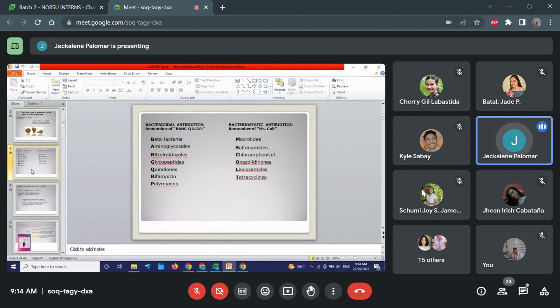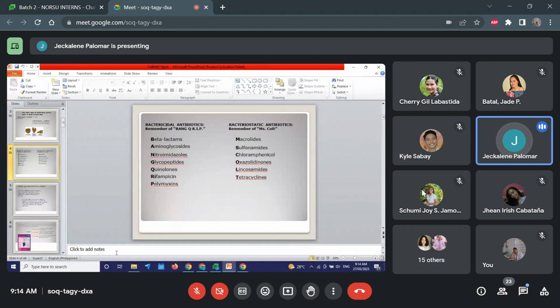So, the bactericidal mnemonic is BANG Q RIP: beta-lactams, aminoglycosides, nitroimidazoles, glycopeptides, quinolones, rifampicins, and polymyxin. Under beta-lactams, the examples are penicillins and cephalosporins.